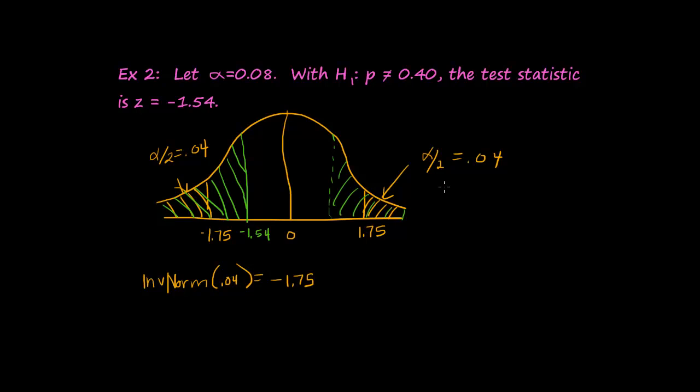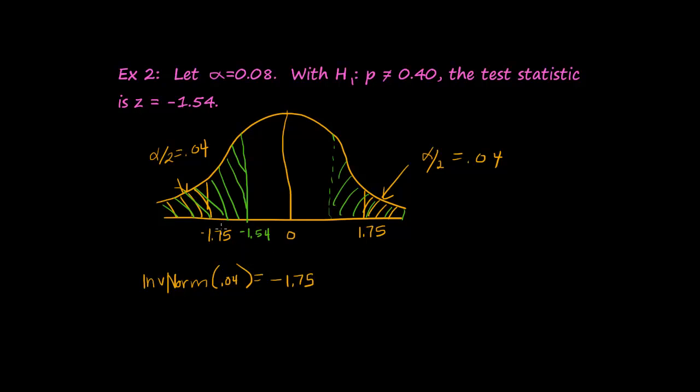We add those two together to get the total p-value, because this is the case where it's not equal to 0.4. It could be higher, it could be lower. And what we're told is that our sample gave us a test statistic of negative 1.54. Okay, so we could be on this end or we could be here. So we will have to double the area we find associated with this test statistic.